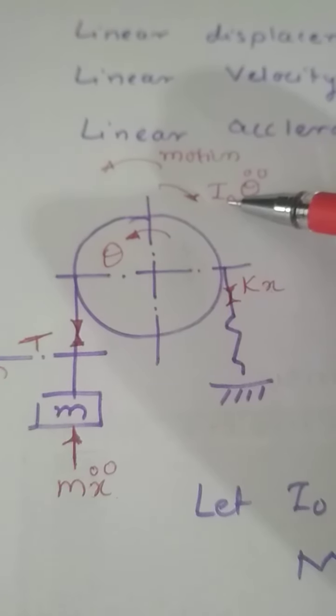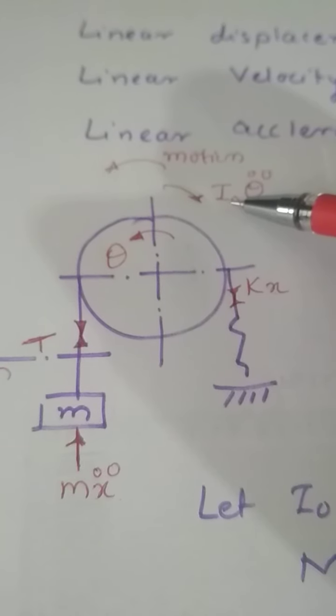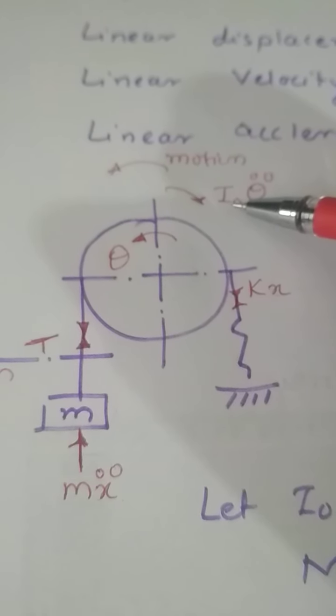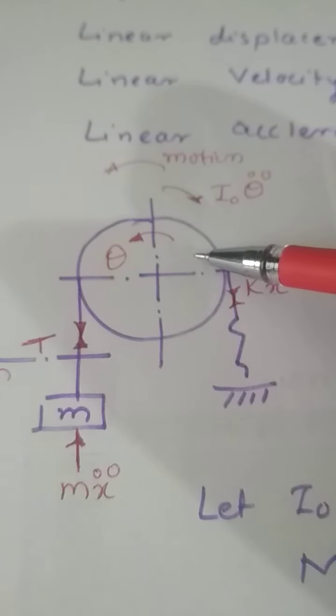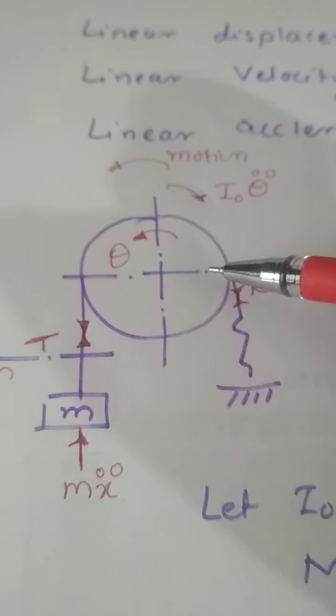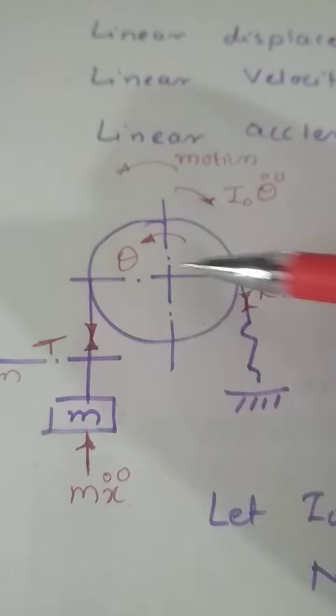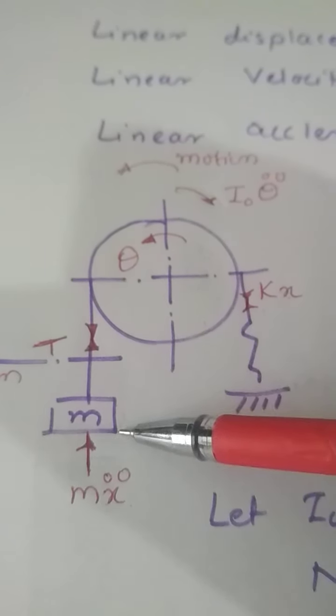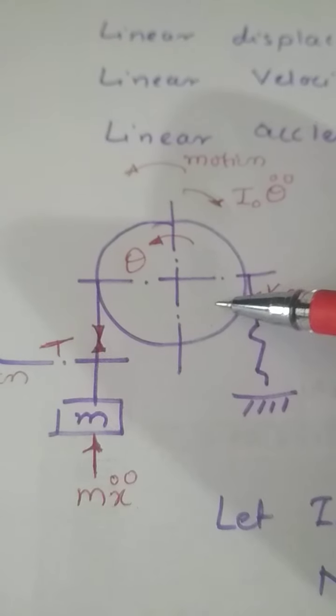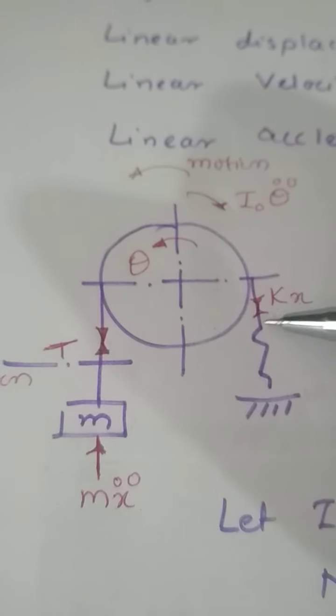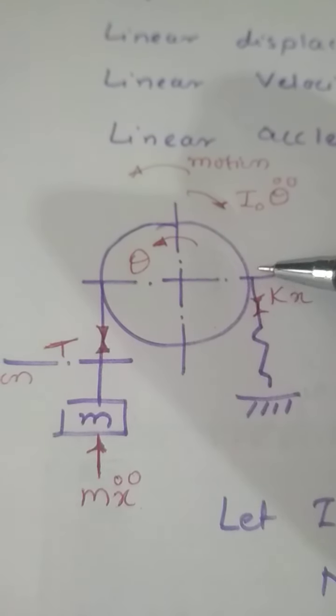What is this I? I is the moment of inertia of the capital M mass or pulley. Then as we move this mass downward, it gets rotated, and at the same time the spring gets extended.